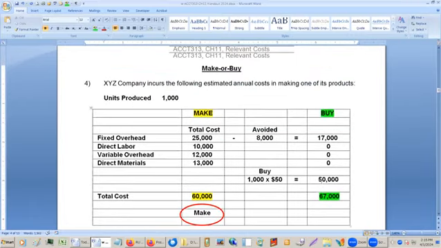So they gave this offer, and here's the problem: you can't avoid all of the fixed costs. Some of those fixed costs will still be there. For instance, maybe you have a warehouse.